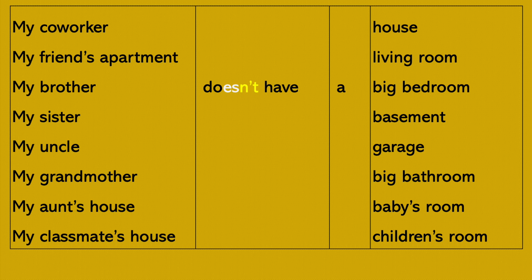My classmate's house. Again, here is also possessive. It belongs to my classmate. The owner of the house is my classmate, not me. My classmate's house doesn't have a children's room.